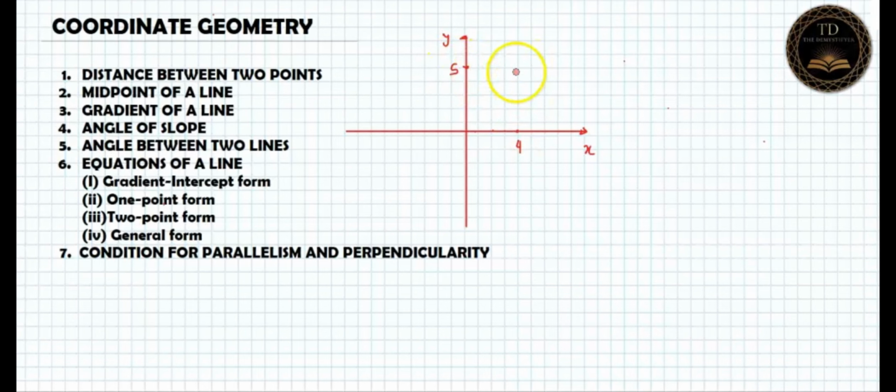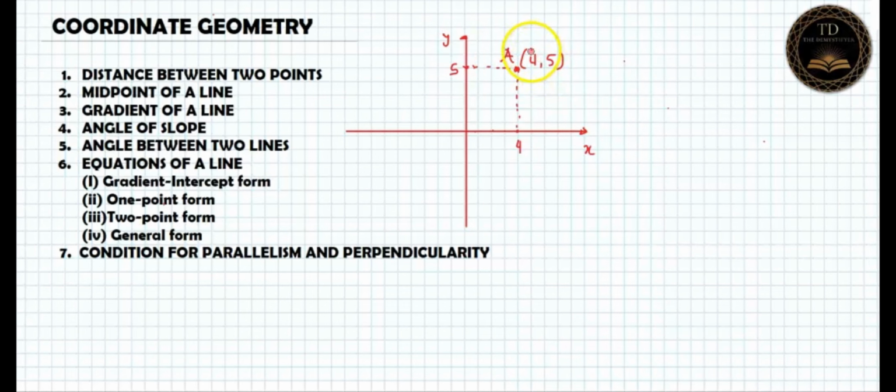Now, if I pick a point here, this point will be described by these two numbers, which I can write as 4, 5. If I call this point A, then the coordinates of point A will be 4, 5.